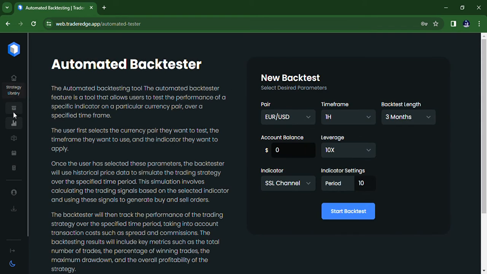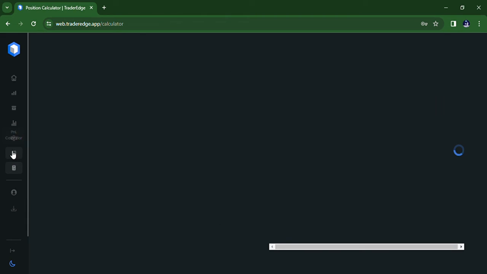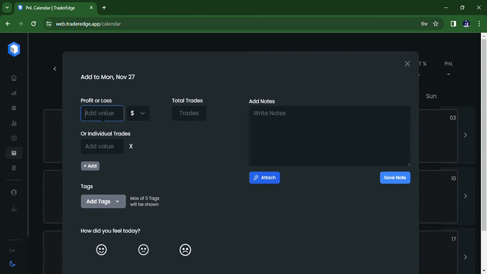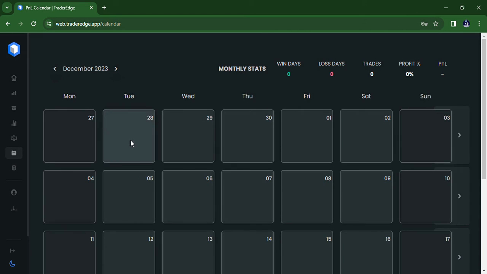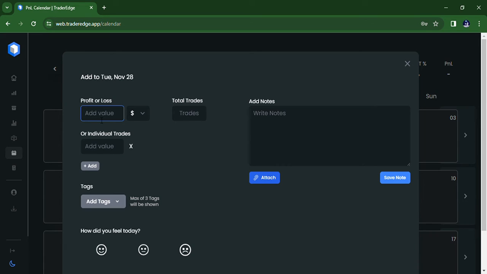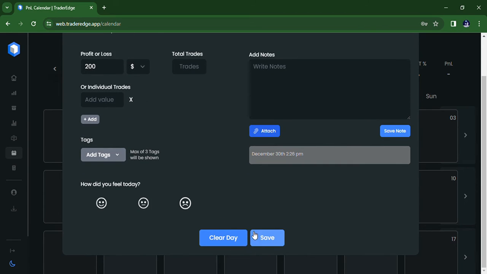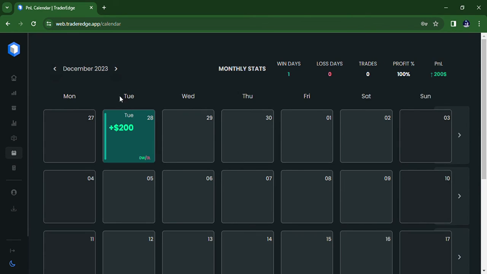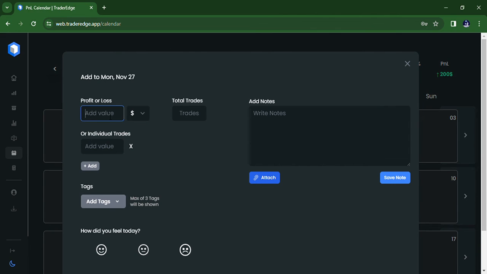Suppose let us add something, here is the calendar. Let us add 100. Save note. Yeah. Here we can also add 100. You can save here.